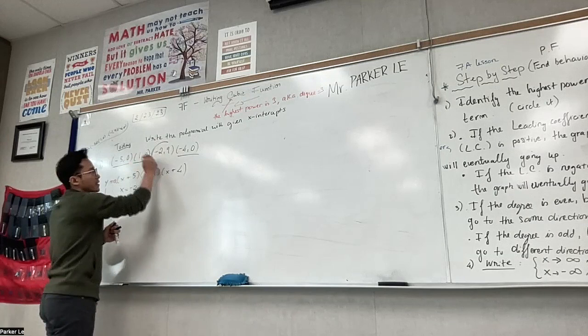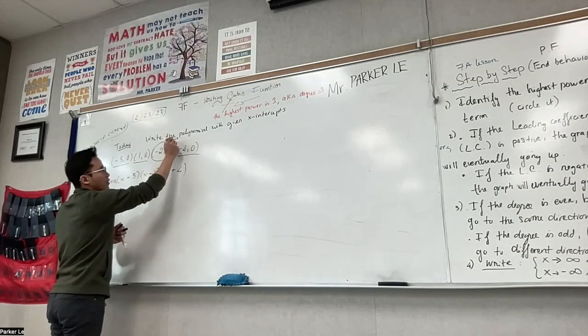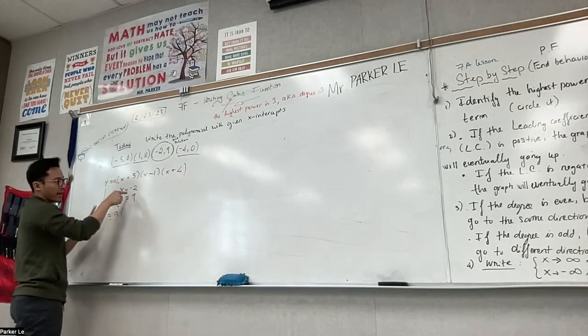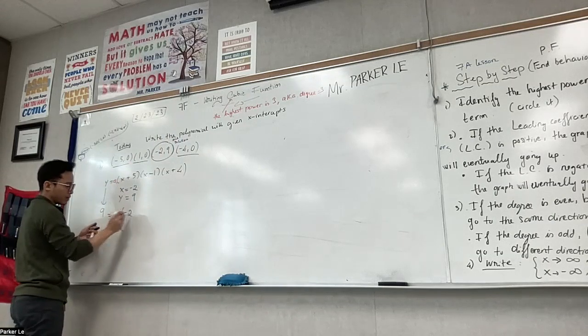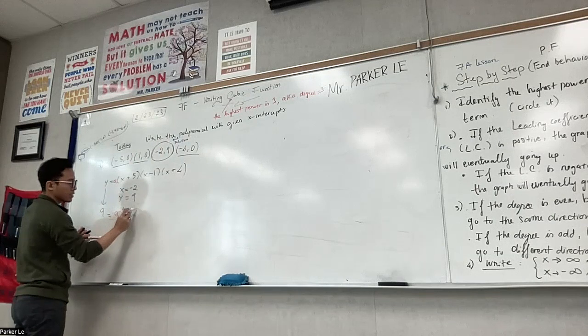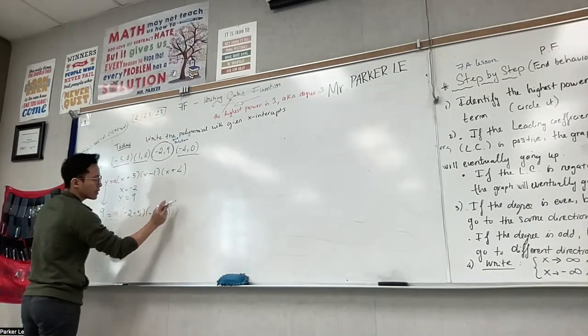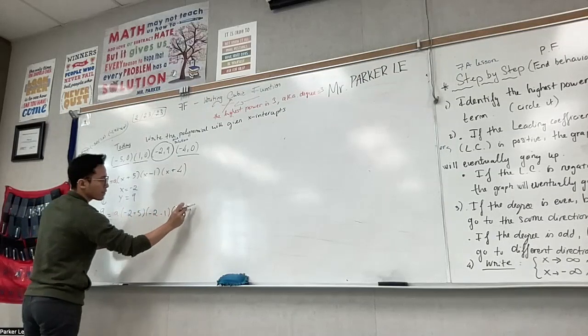So this is the extra point. This is not a solution. You're going to use that to quantify A. So I have x is -2, so -2 plus 5, -2 minus 1, -2 plus 4.